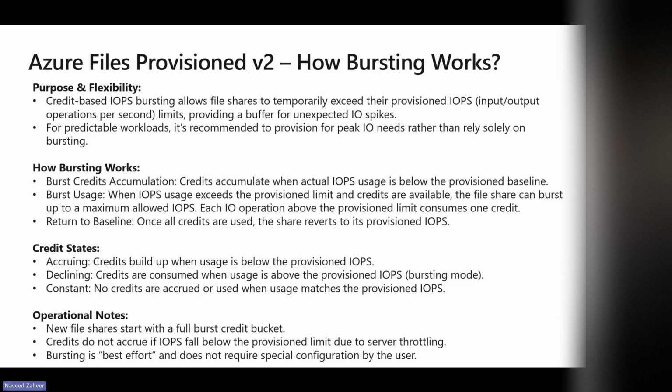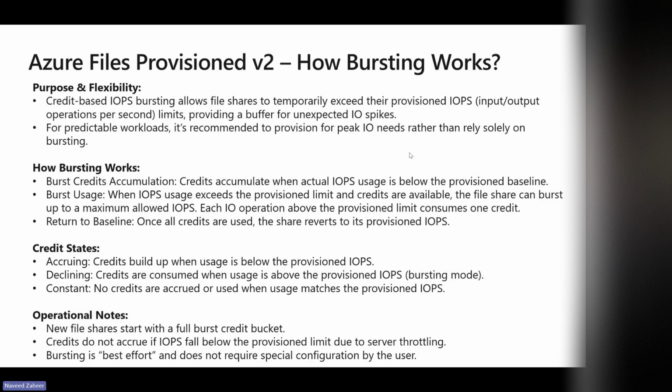As your workload uses more or less IOPS than provisioned, it goes into the bucket when you are below the provision threshold and out of the bucket when you're above it. That gives you a credit-based mechanism to use your capacity. That's a big advantage of this model, Azure Files provisioned V2. It's in GA for a number of services.